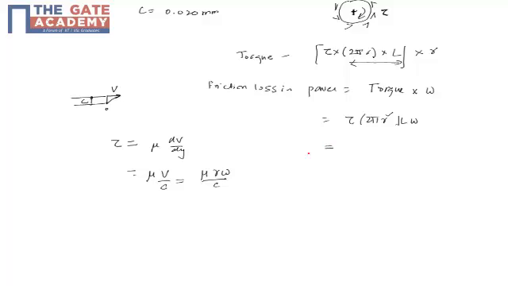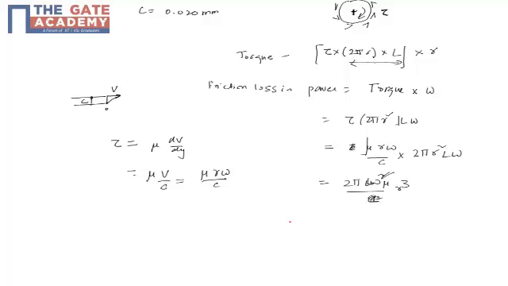Substituting everything, we get mu r omega by c into 2 pi r square L omega. So this is 2 pi L omega square mu by c into r cube.